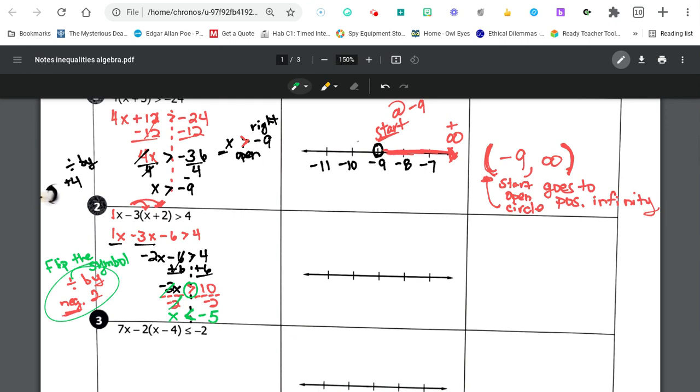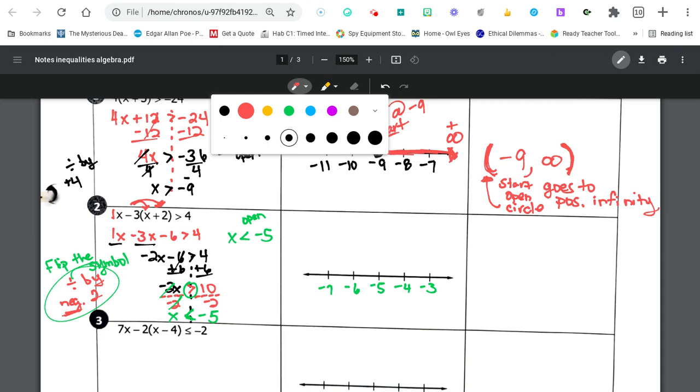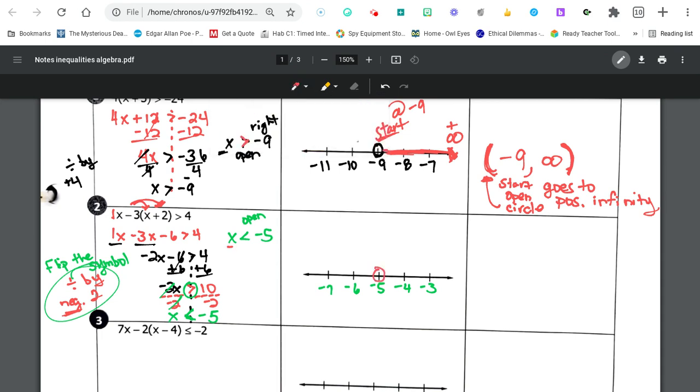Okay? So let's take our -5 and then put numbers to the right and to the left. It's x less than -5. It's an open circle on the graph. And my variable is first. I can just find the arrow end that matches the inequality, or everything less than -5 is to the left. I could just say that. Okay, now be careful.